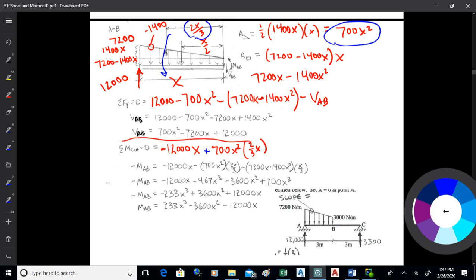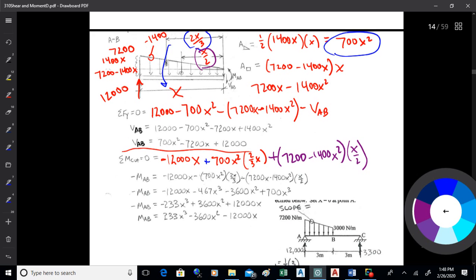And then I will also have the area of the rectangle, 7200 minus 1400x squared. That's the area of the rectangle, and its moment arm is x over 2, and that will also be positive. Okay, so that one and that. What's that now?